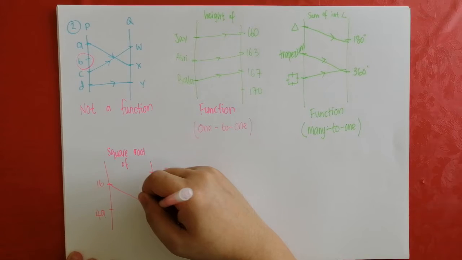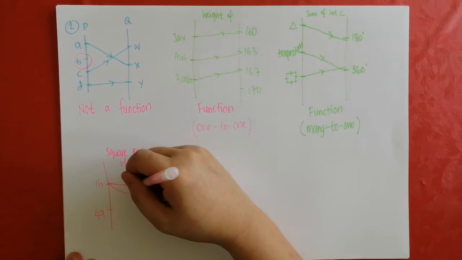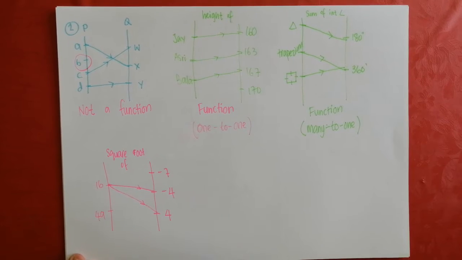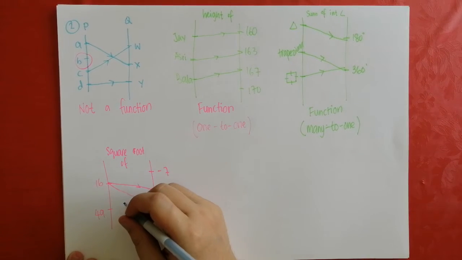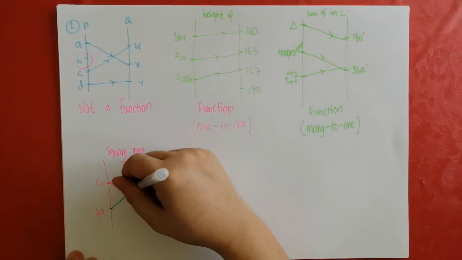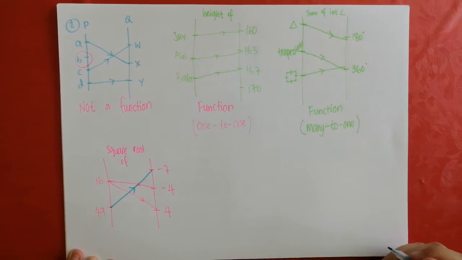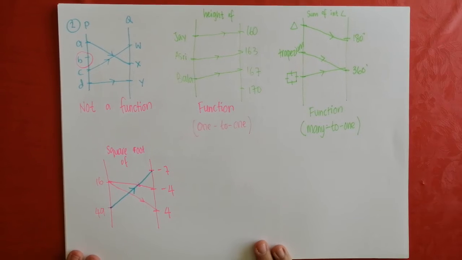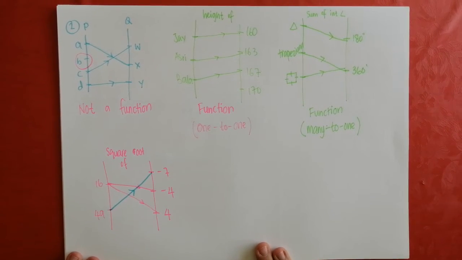So square root of 16 is 4 and -4. Then square root of 49 is 7 and -7. So is this a function?